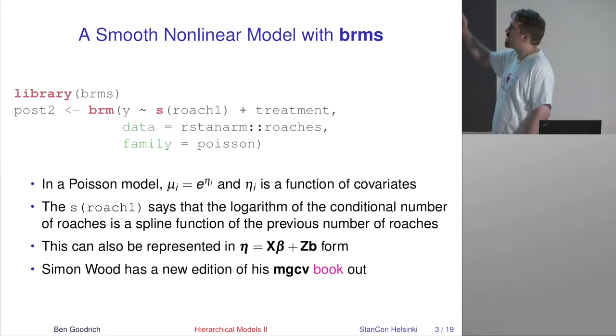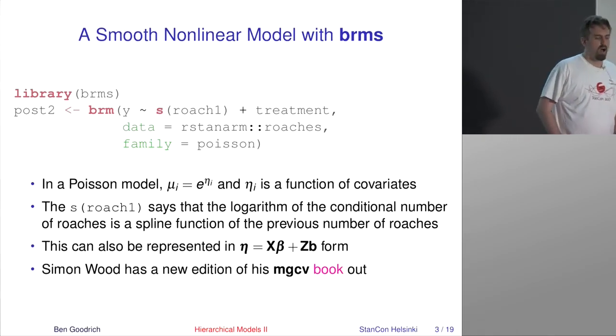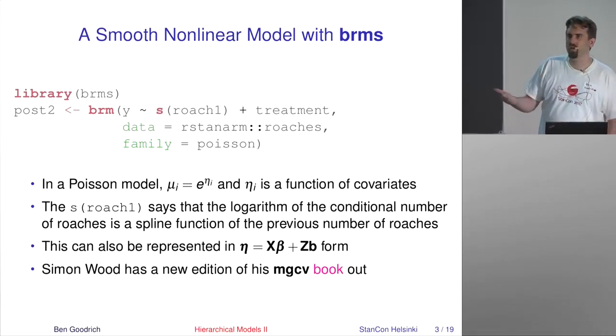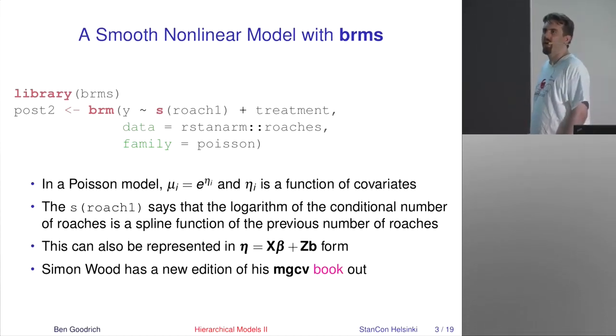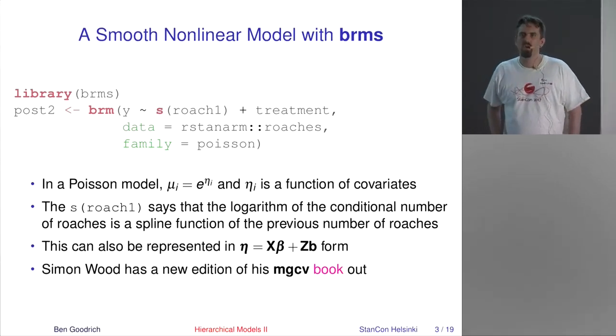So this s function says we are specifying a spline, and the way BRMS does this is it says, okay, we want it to be a spline function of the previous number of roaches.